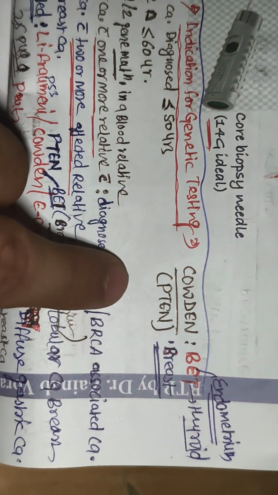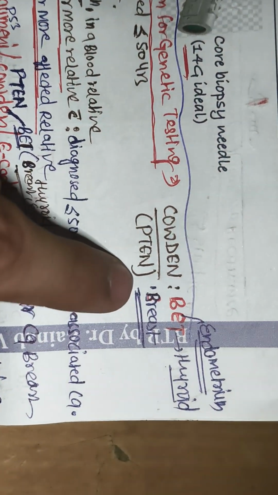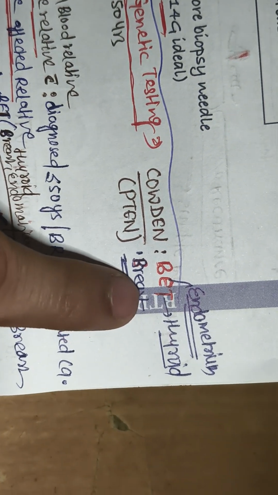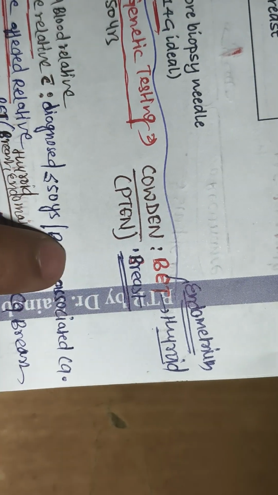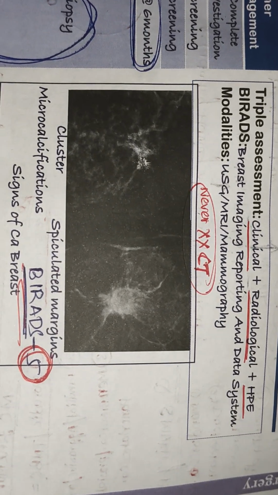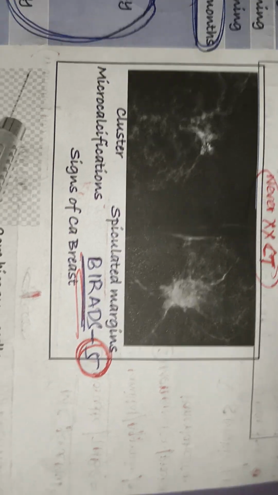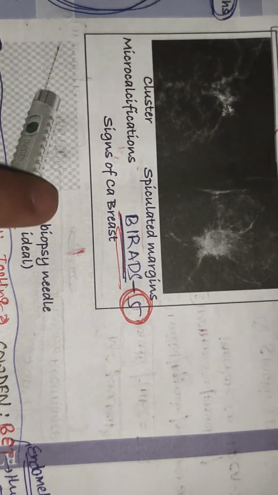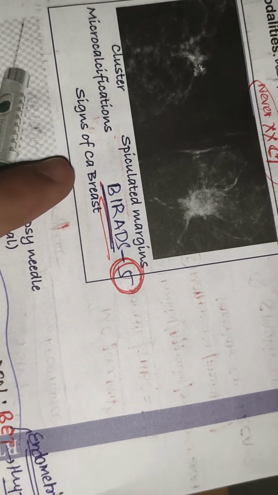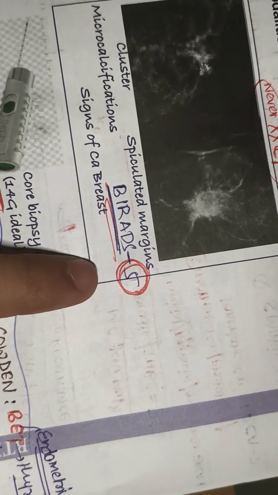PTEN mutation is seen in the endometrium, thyroid, or breast. Clustered microcalcifications and spiculated margins on mammography are signs of breast cancer.